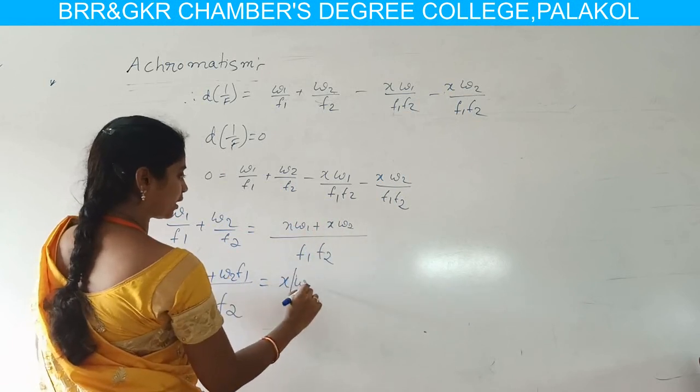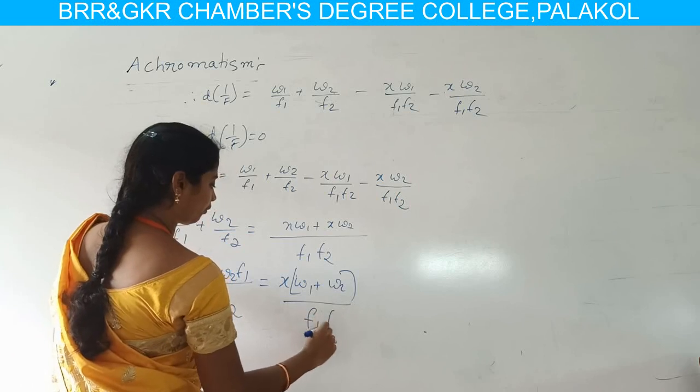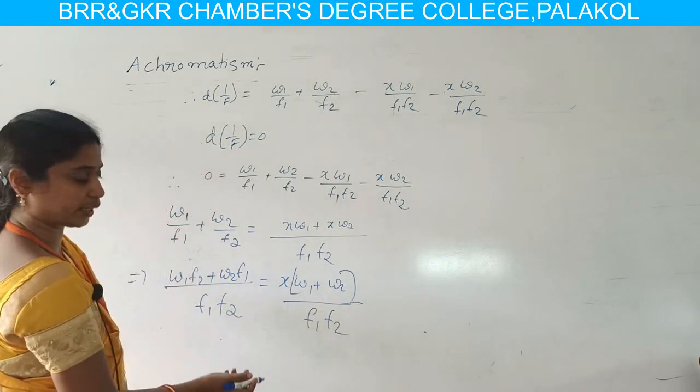So we take x common, then (ω1 plus ω2) by f1 f2. Here we have f1 f2 on the LHS and also on the RHS.